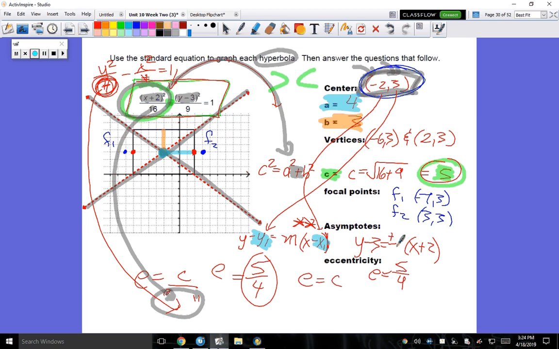Now we just need a plus or minus slope. And this is the last piece that you have to learn, and we'll practice a little bit more. Slope is rise over run. Otherwise, y over x, tangent. Otherwise, b over a. So if I looked at b over a, it would be a positive 3/4.